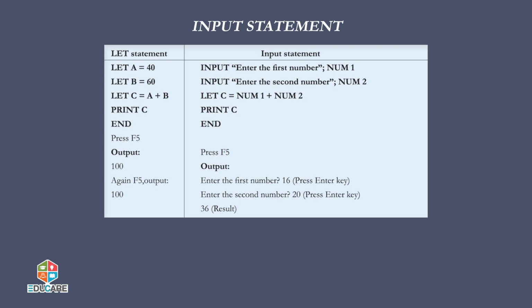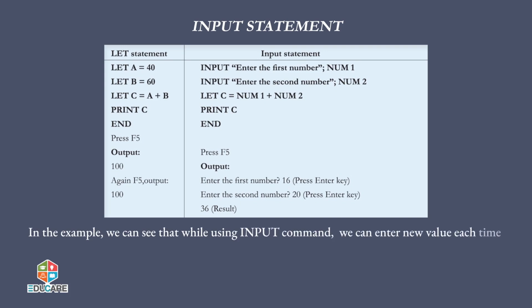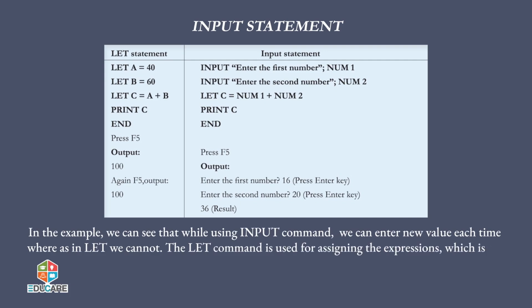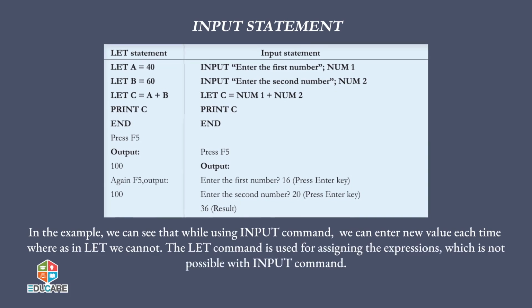Enter the second number 20. Press enter key. 36. Result. In the example, we can see that while using the input command, we can enter a new value each time, whereas in let we cannot. The let command is used for assigning expressions, which is not possible with the input command.